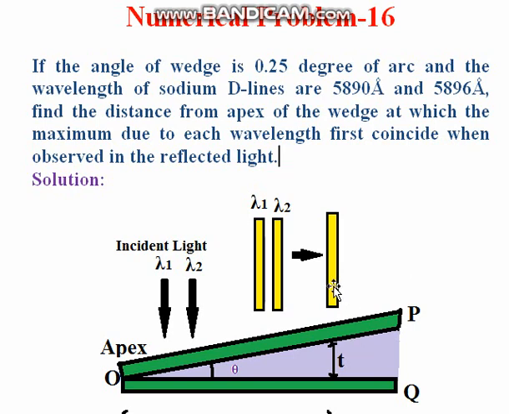One thing more, this resultant fringe is found at this point of the upper surface at which the thickness of the film is small t. So we keep in mind all these facts.